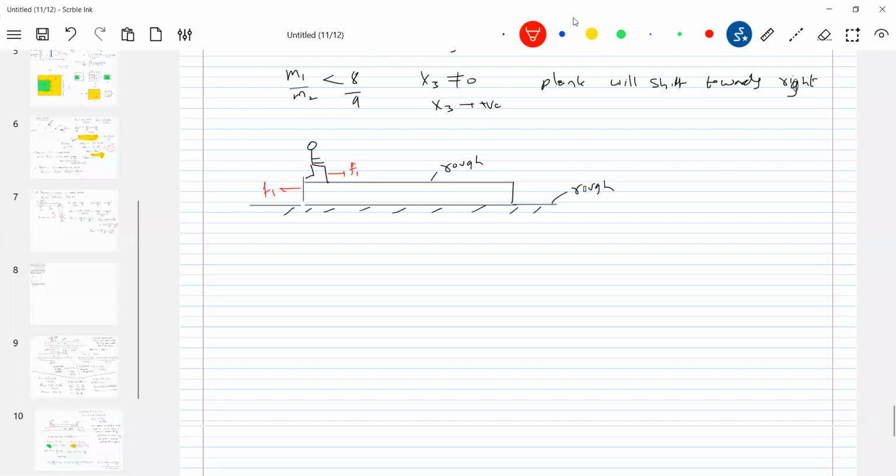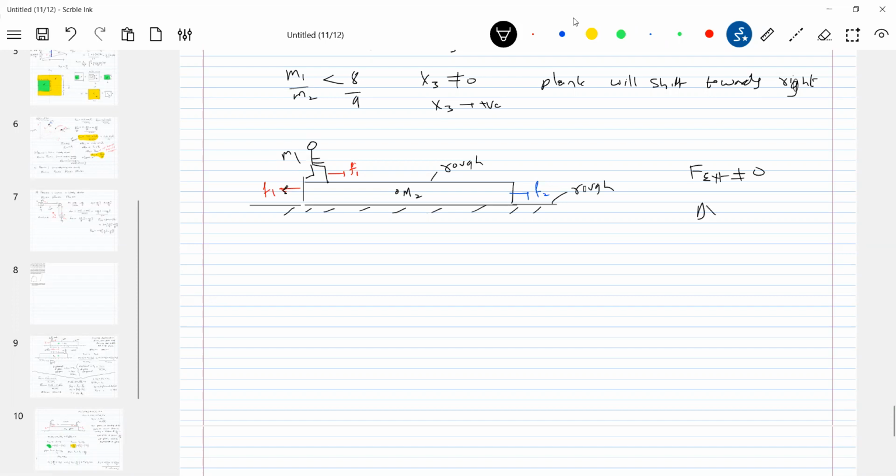This is F1 and F1. So this frictional force F1 on M1 will try to shift the plank. Will the plank shift or not? An external force is acting on the system. Look now, what is the net external force acting on the system? F2 is the external force, so the net external force will be non-zero.